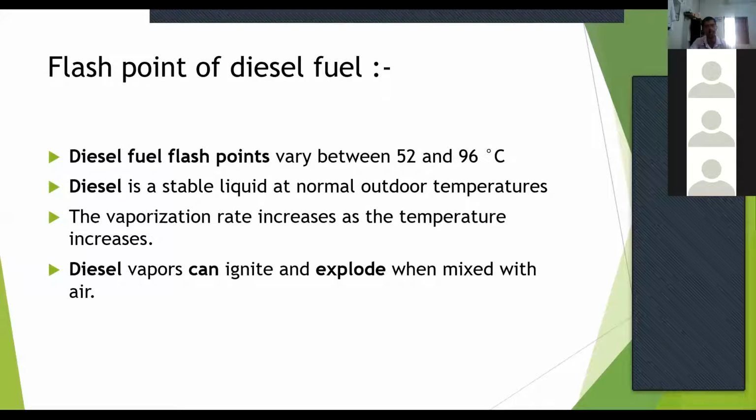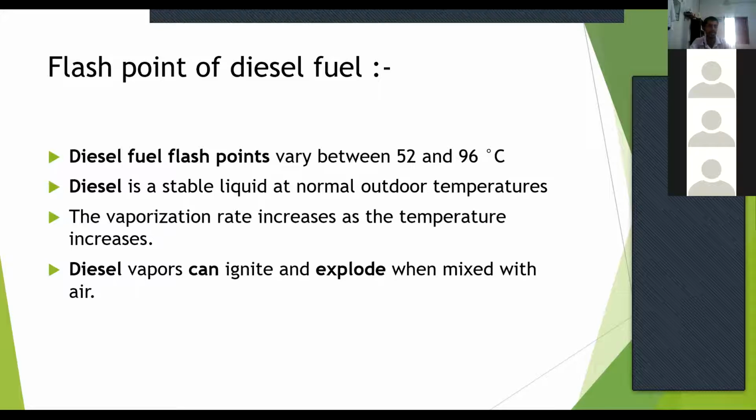After 52 degrees Celsius, we introduce the flame and check for each increment of degree Celsius of the temperature. So it is very important to know the range of the flash point for the fuel that we are going to use.